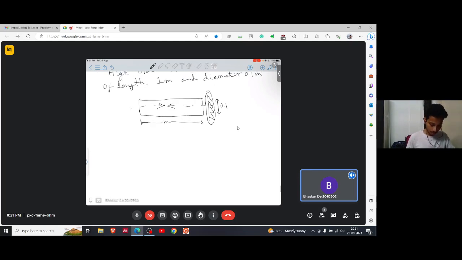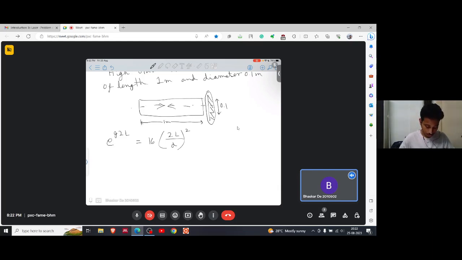Okay, so we'll start with that, e to the power g2l. So g is the gain, 2l is the two pass in the gain medium, which is equal to 16 l squared over d squared. So here it is mentioned that after two passes the intensity is just equal to I sat, so it just saturates the value.